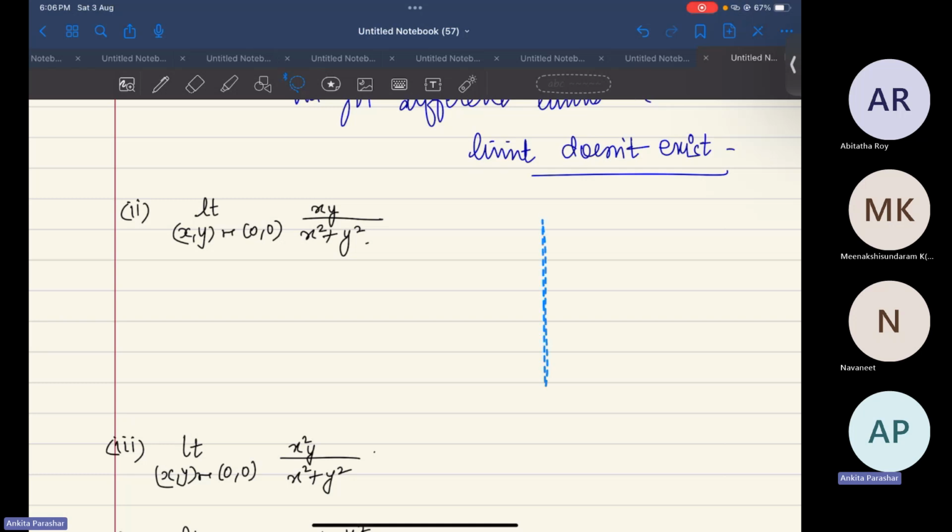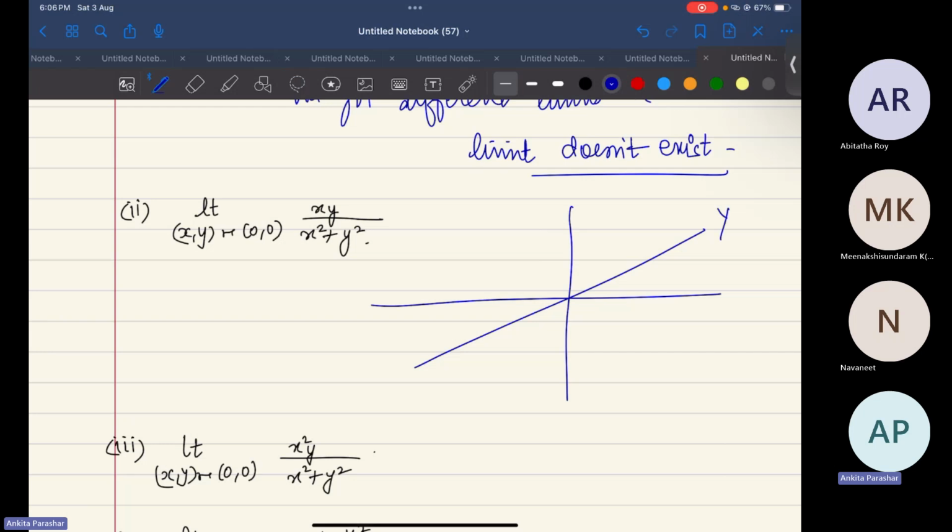People choose the straight line path. So y equal to x is this line. If I say y equal to 2x, this will be this line. If I say y equal to minus x, it is this line. You have to choose certain paths to approach this. Now, I have given you plenty of lines. Can you choose two lines such that they take two different values?